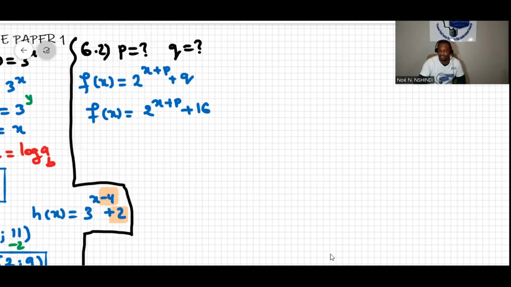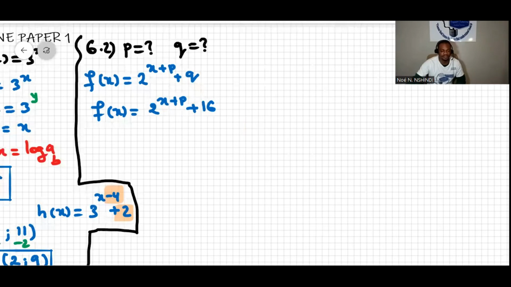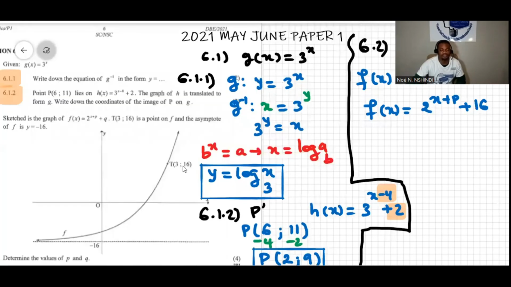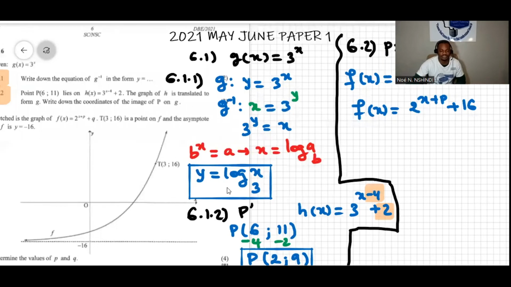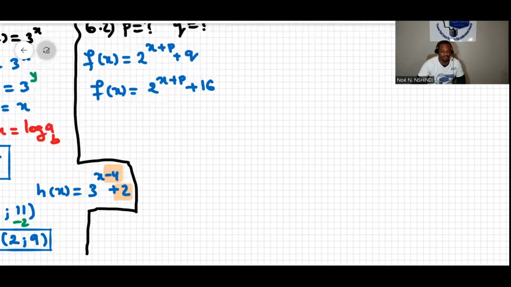And then there's another given point on the graph. It's the point T(3, 16). So we will substitute 16 for f of x because that's the value of y. 16 for f of x equal to 2 to the power of 3, at that point, plus p, minus 16, because it was negative 16, the asymptote.